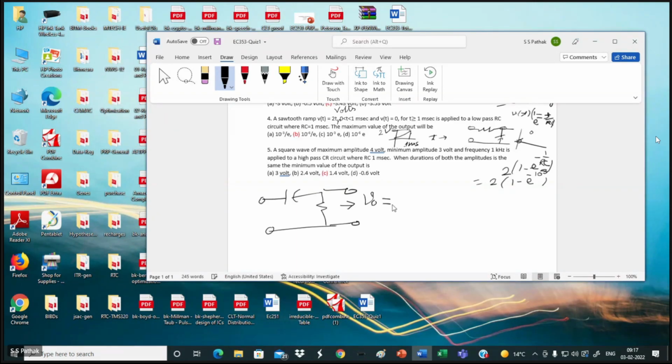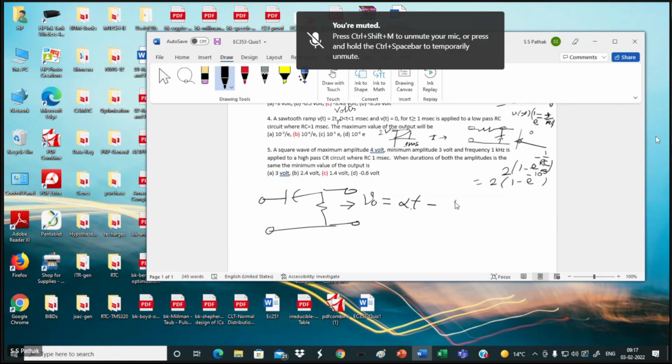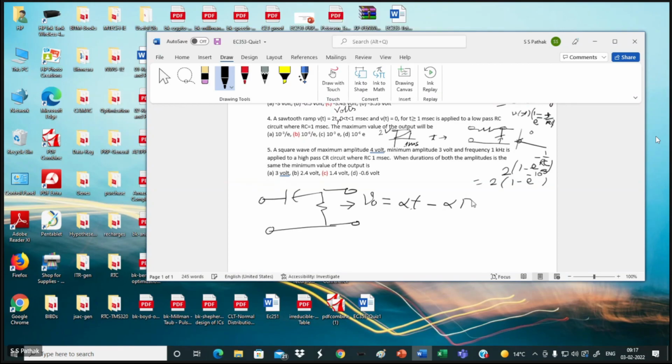Voltage across R is how much? It is your alpha into T, T will go from 0 to 1. Alpha into T minus alpha into RC and 1 minus e to the power minus T by RC.